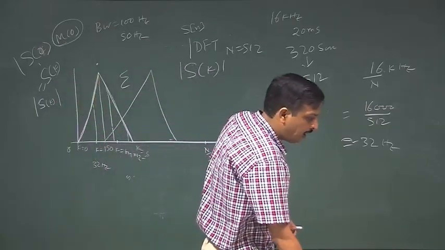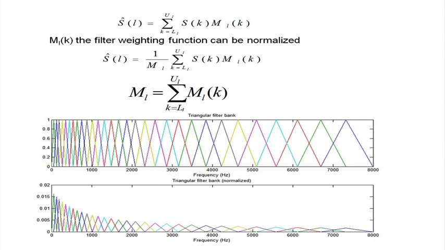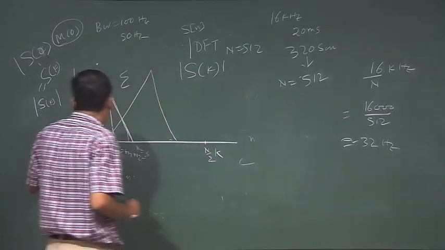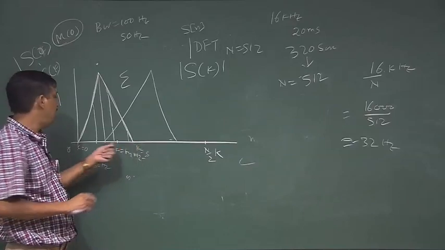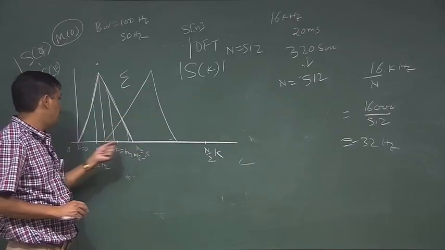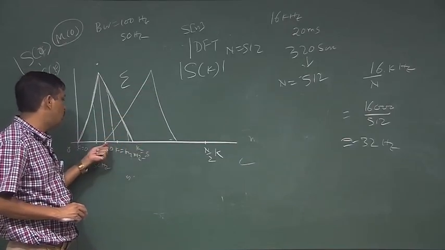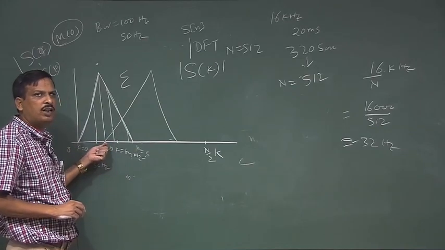So, the equation becomes: S(k) is the spectrum, M(l,k) is the filter weight function, and I multiply and sum for k equal to LL to UL. LL is k equal to 0 and the upper limit is k equal to 3. Similarly, for the next filter, if it is 50 hertz, it is almost k equal to 2, or k equal to 1.